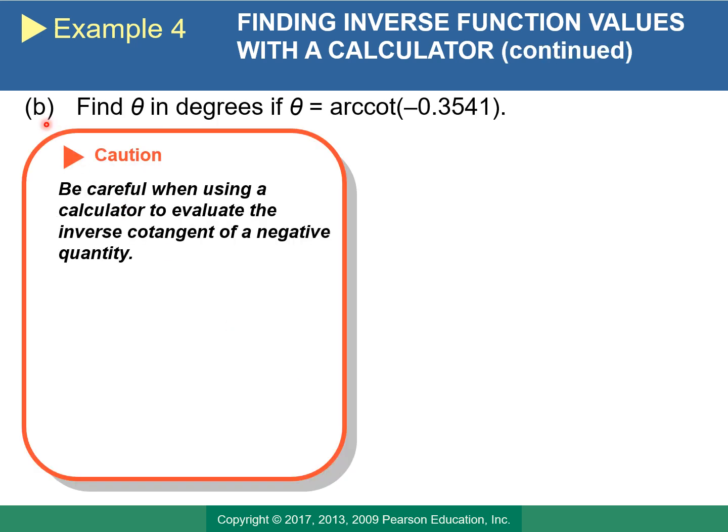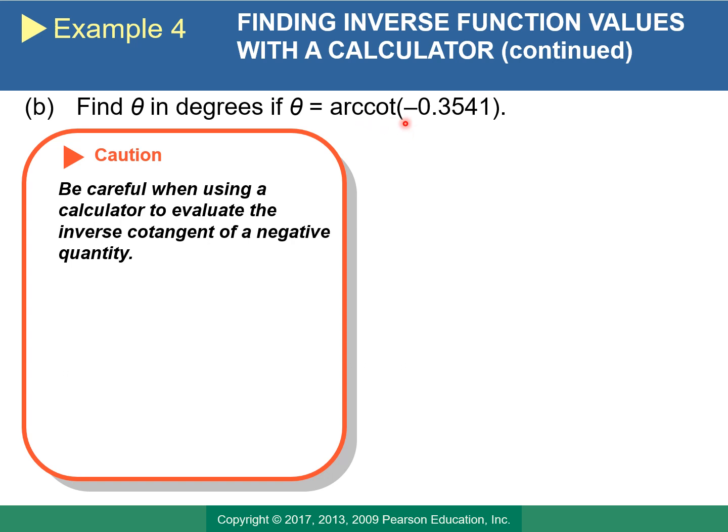Part B, find theta in degrees if theta equals arccotangent, or cotangent inverse, of -0.3541. Now this one we have to be a little bit careful about. So let's walk through this. Be careful when using a calculator to evaluate the inverse cotangent of a negative quantity, which is exactly what we're trying to do here.